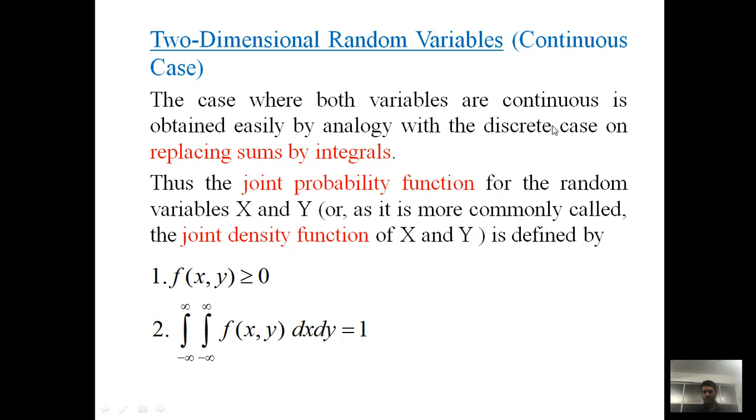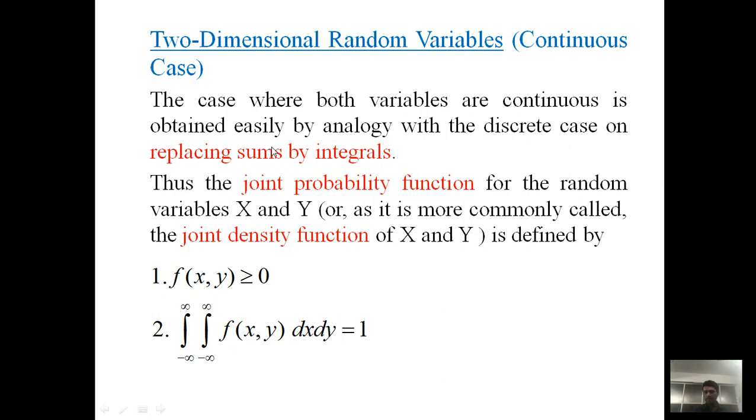As we have studied, in the discrete case the random variables x and y take finite or countably infinite values, but when we talk about the continuous case, our two-dimensional random variable takes infinite values. So we just use the same analogy as in the discrete case, but we have to replace the sum.